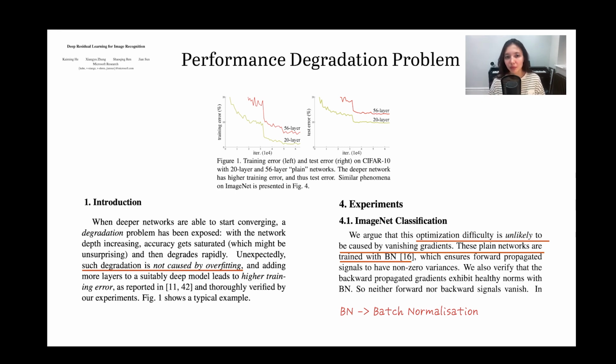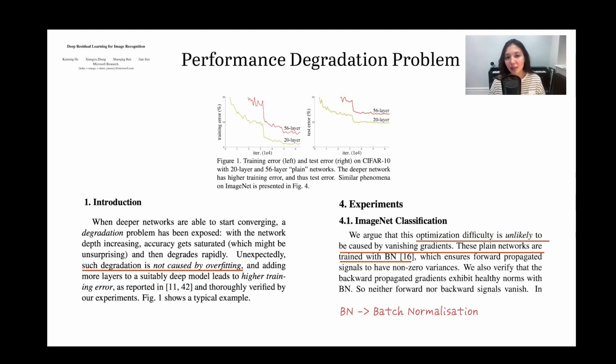Main problem that authors are addressing using residual learning is when the network gets deeper, the performance degrades significantly. And they also share an example of training two networks. One is 20 layer and another one is much deeper, 56 layer deep network. They train it on a CIFAR10 challenge.